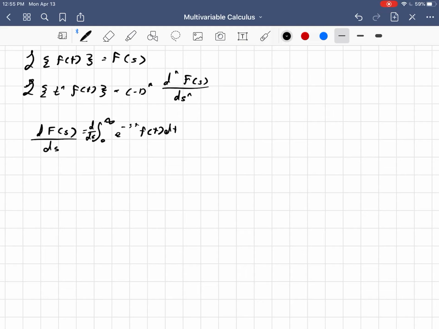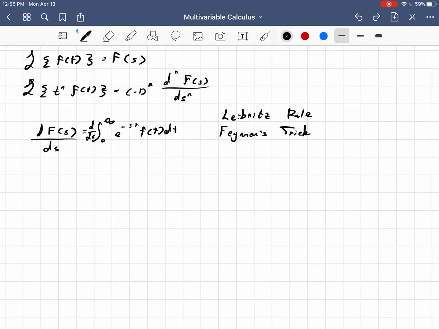is this. And now I'm going to use another rule from Calc 3, known as Leibniz rule for differentiation under the integral sign.